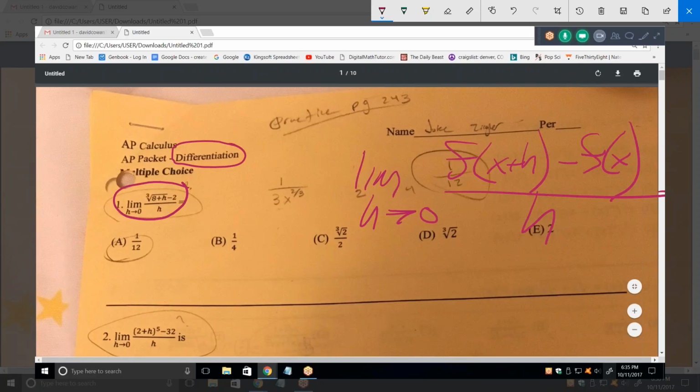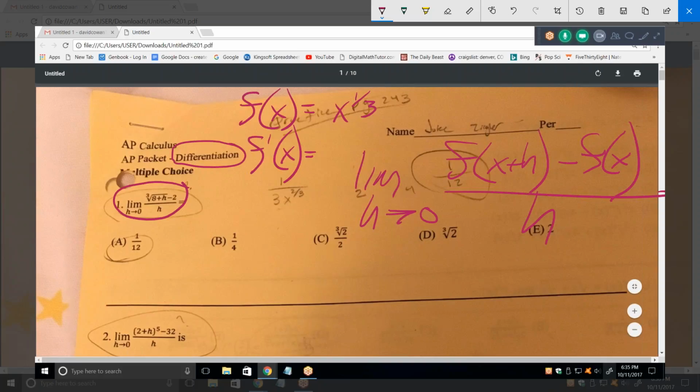In other words, if I said f of x equals the cube root of x, which is x to the 1/3, well, what would f prime be? In other words, don't solve it as a limit problem. Recognize that the limit they're talking about is the function x to the 1/3. It would be evaluated at 8.